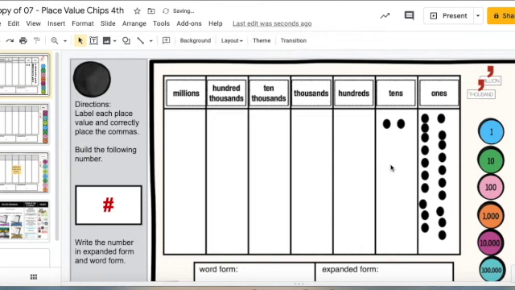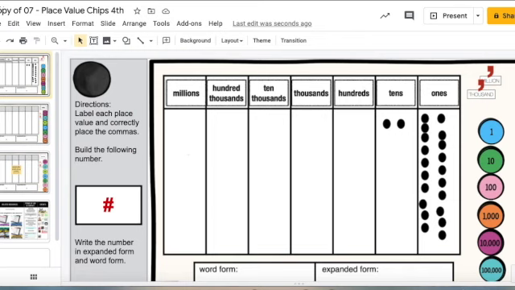So we have 10 times as many as two 1s. So 20 1s. We had 20 1s here. 20 1s is the same as two 10s.